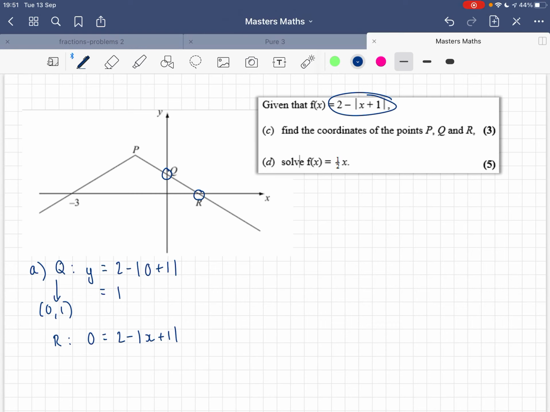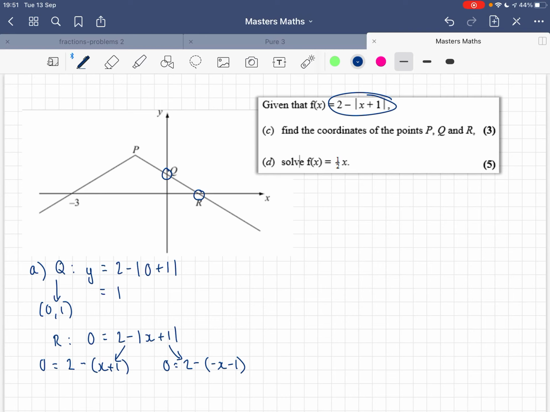So it's either 0 equals 2 minus x plus 1 or 0 equals 2 minus x minus 1, depending on which part of the modulus works. Solve them both and then choose the one that actually makes sense for the diagram you've got.